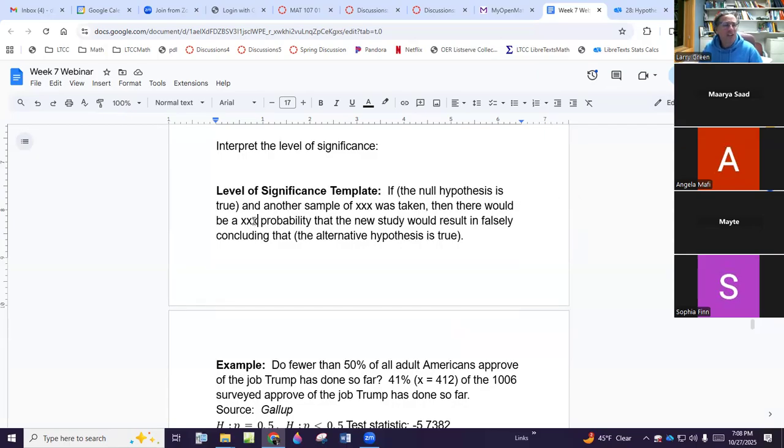By the way, social science always uses 0.05. So if you're ever looking at psychology or sociology, everyone uses 0.05. But regular science sometimes uses higher or lower. Business or economics uses higher or lower. So there's a lot of fields that do use higher or lower. So there would be that probability that the new study results in falsely concluding that the alternative hypothesis is true, but you need to write that in terms of the context.